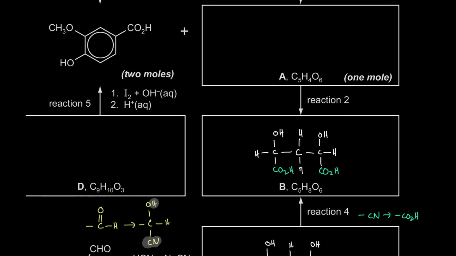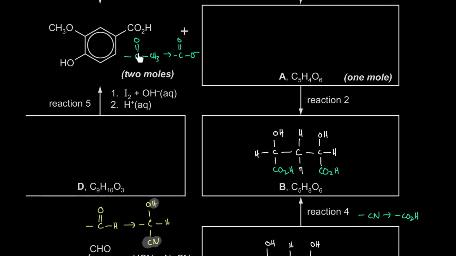Now, if you remember, we talk about this iodoform reaction, right? A methyl ketone group can be converted into the salt of a carboxylic acid by reacting it with alkaline aqueous iodine.